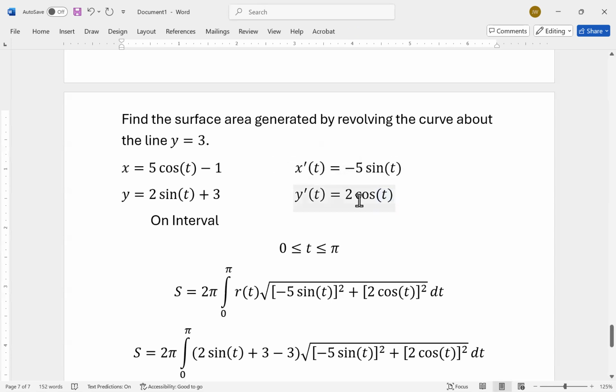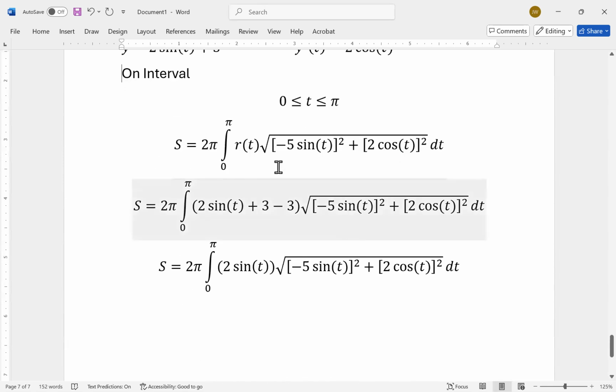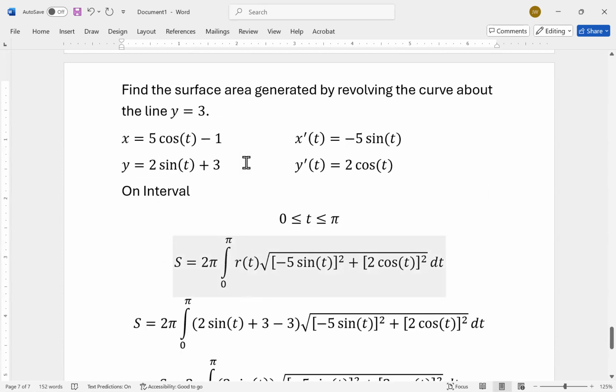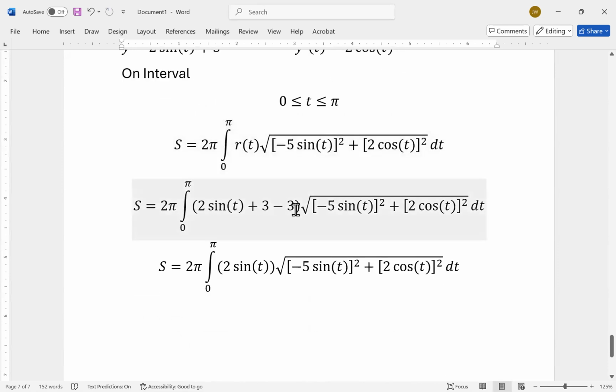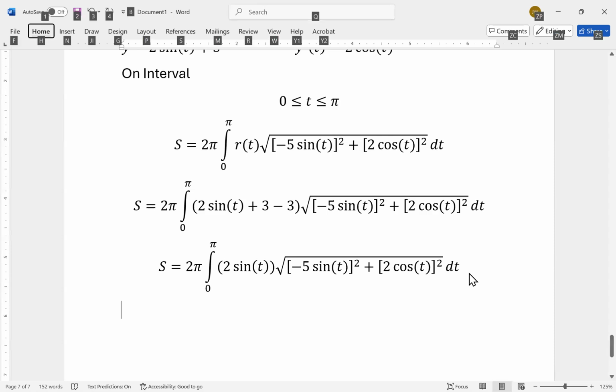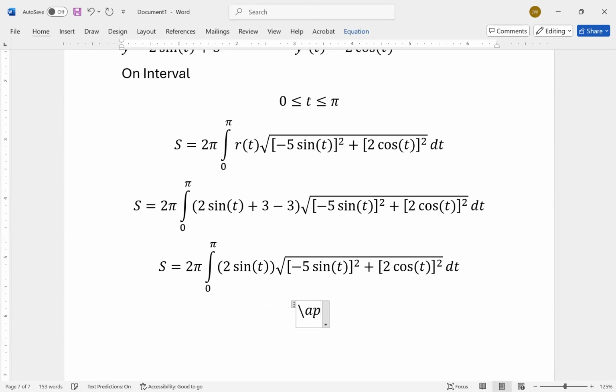We did that earlier, so I'm still using it in this case. But now if I'm revolving around a different horizontal line, it's just the y value minus that horizontal line. So we're not going to be able to do that by hand very easily. Therefore, I'm just going to type it into the calculator and see what happens.